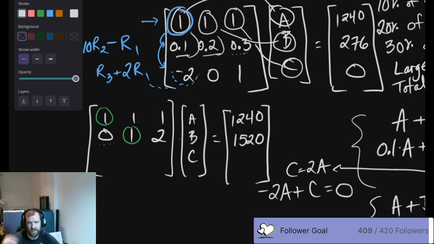Okay, third row. Take what's in row 3 and add 2 of row 1 to it. That's going to get us a 0. Row 3 is 0. Now add 2 of row 1. That's going to get us a 2 in that position. And then row 3 is a 1 plus 2 of the thing up above it is a 3.